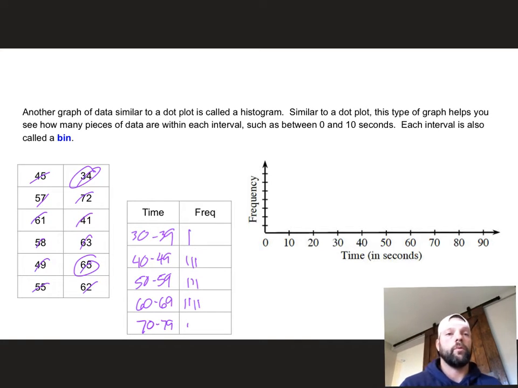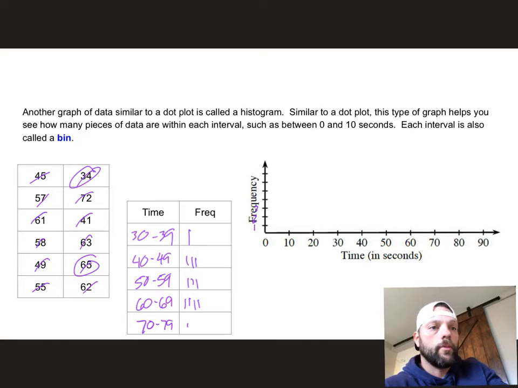So then the next thing would be that I would create these bars on my graph. If I go over to the 30 to 39, my frequency is 1, 2, 3, 4, 5, 6, and 7. So approximately right there is going to be my 30 to 39. 40 to 49 is going to go up to 3, approximately right there.